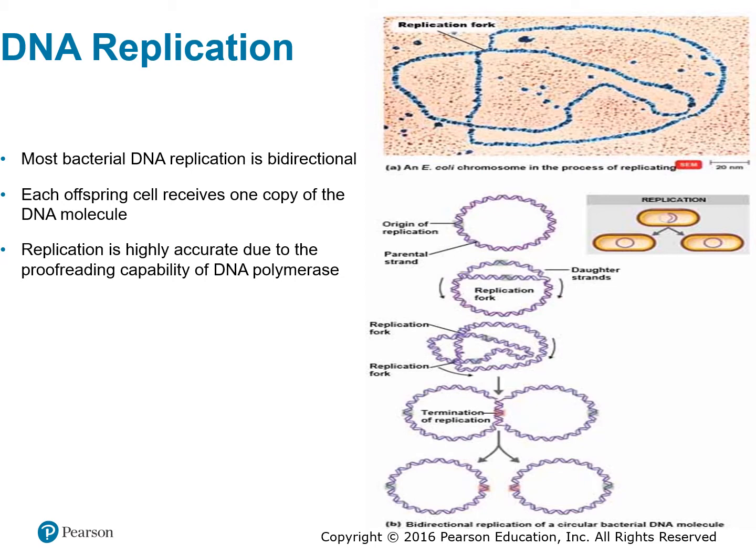And the replication process is highly accurate. So a very, very low percentage of error takes place during DNA replication. And that's because the DNA polymerase is really good, and it has high proofreading capability.